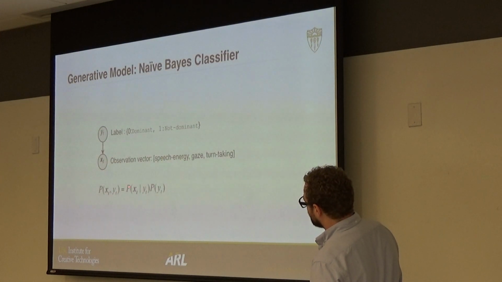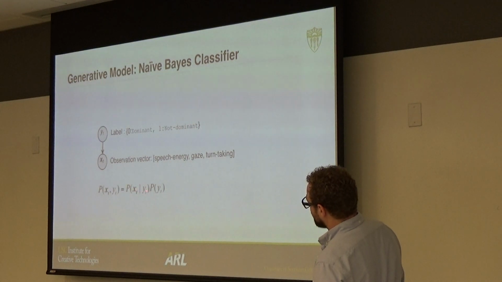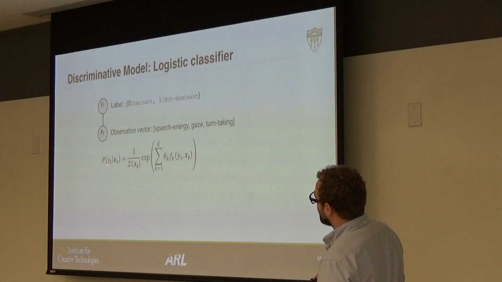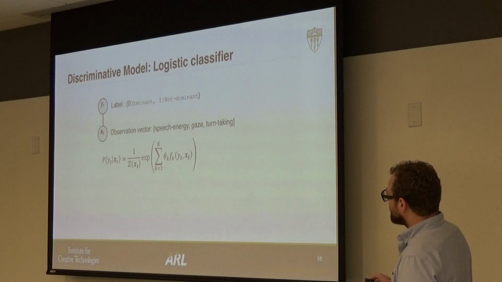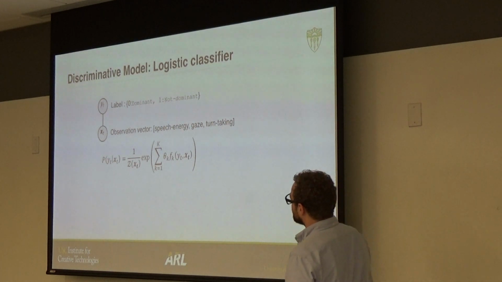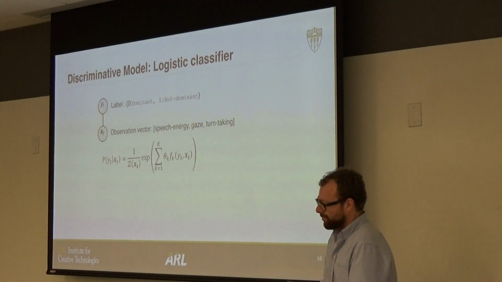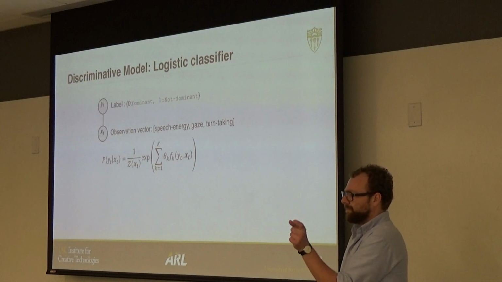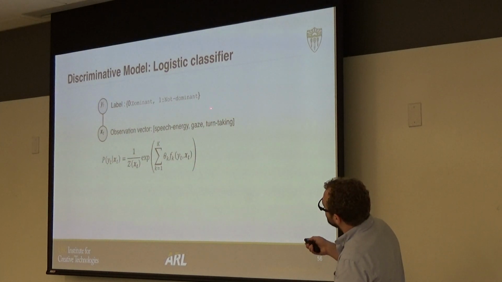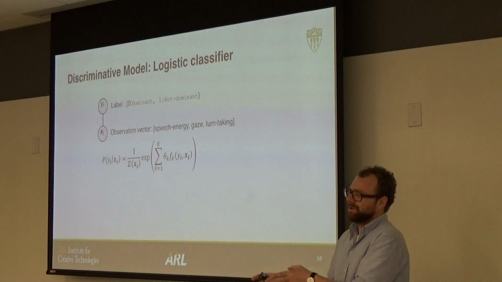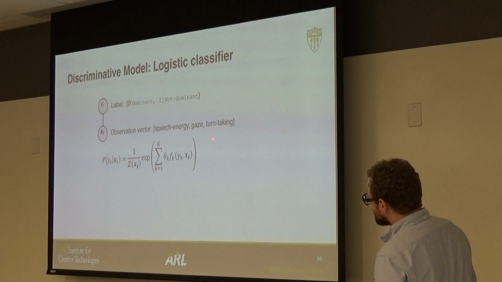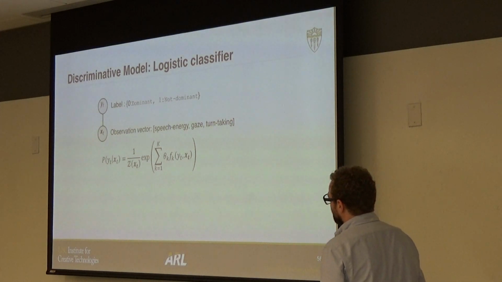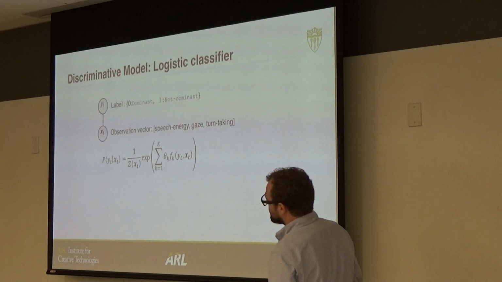So here we have the likelihood where we have X given Y, and here we have Y given X. Okay? And so this turns this around, and we now compute the likelihood for a certain class, dominant or non-dominant, given an observation.